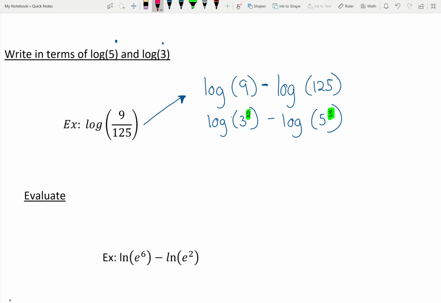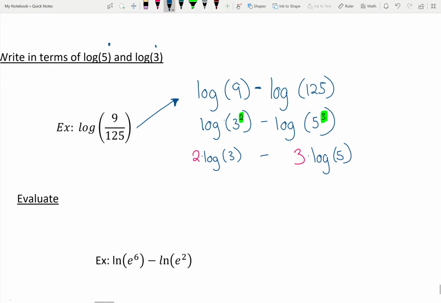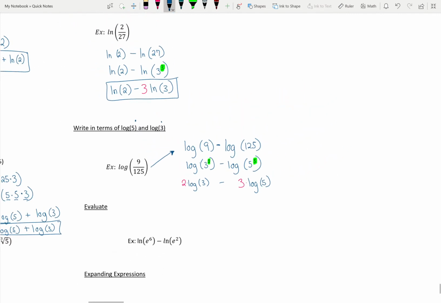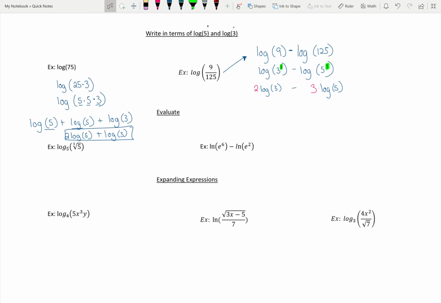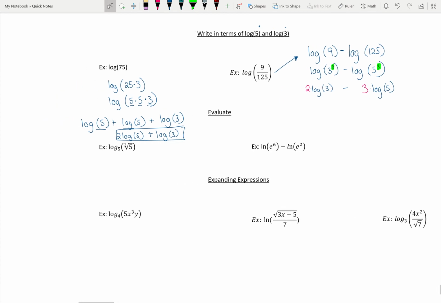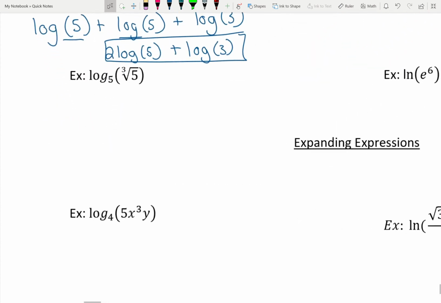So I'm left with 2 times log of 3 minus 3 times log of 5. Alrighty. Wow, there's a lot of questions here, huh? Alright, we'll keep grinding away.